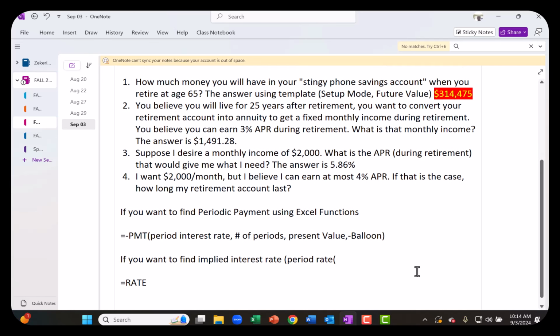To find the number of periods, you use the NPER function. The first argument is rate, and then negative of payment.